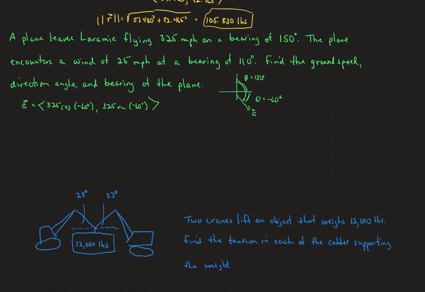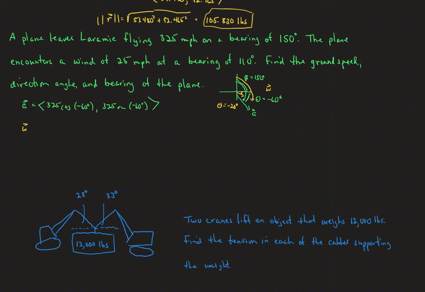It's got a bearing of 110. So there's 90, and 110 is going to be somewhere in there, and that's going to be our wind speed vector. So it's going to have a direction angle that's 110 minus 90, which is 20, and that's going to be down in quadrant 4.